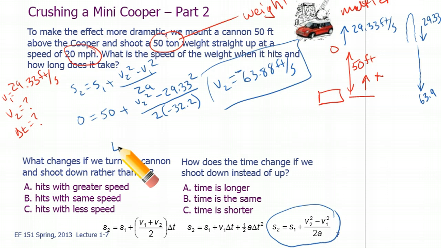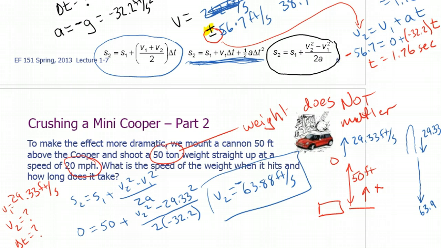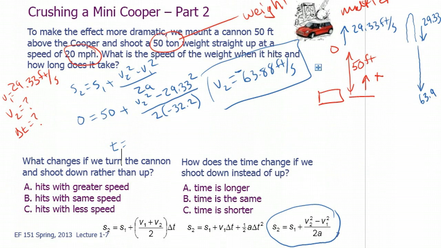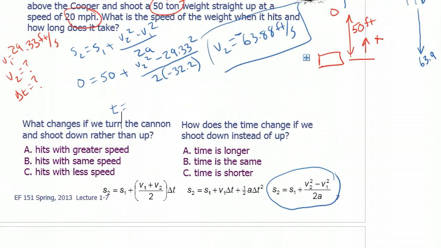So time, let's go back and look at that, is basically the final velocity. We do have a non-zero initial velocity, so let's write it out here. V2 equals V1 plus AT, because we need to be careful with our signs.